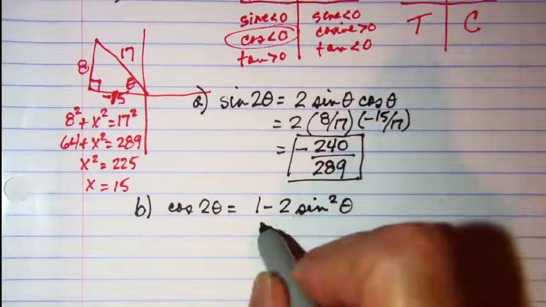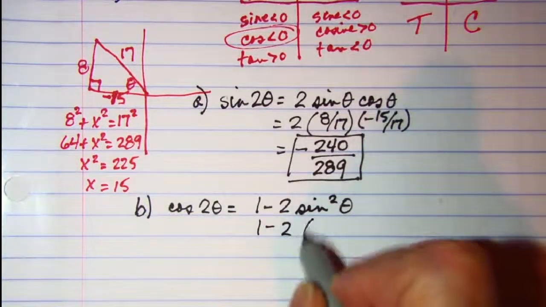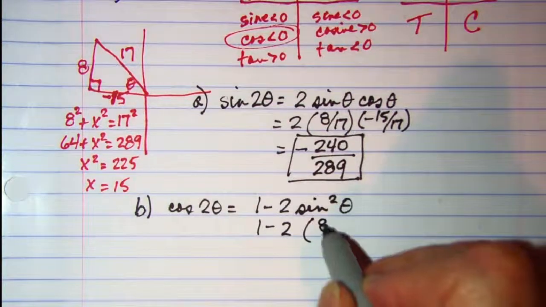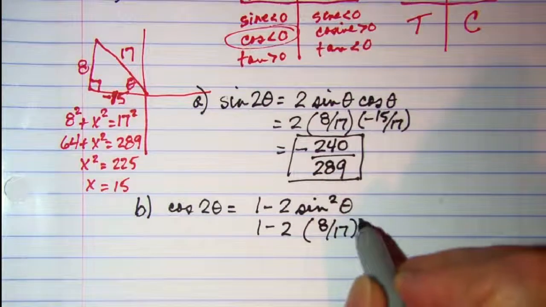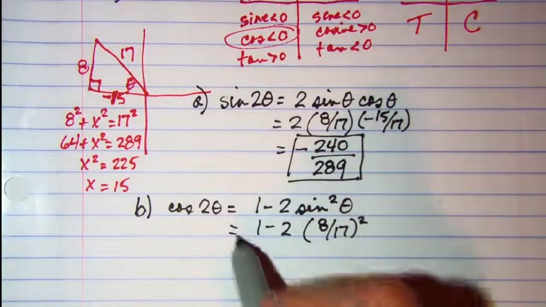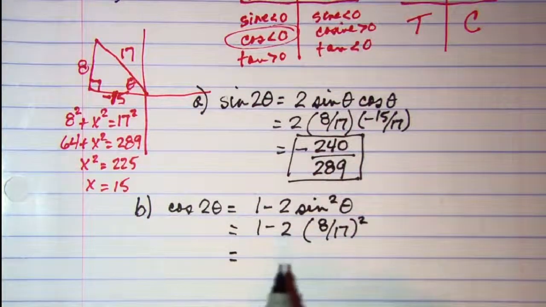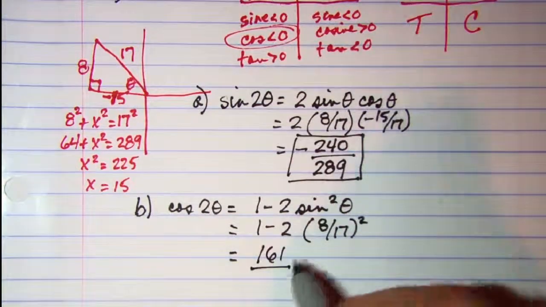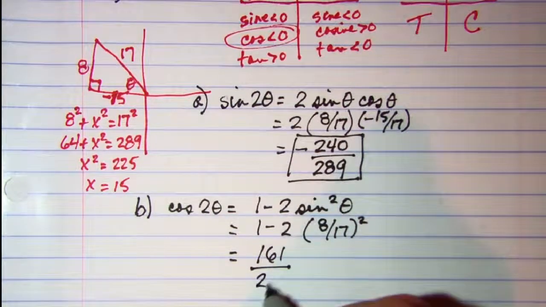So I have 1 minus 2 times, and then the sine was 8 over 17. That's squared. So when we do the math now, we get 161 over 289.